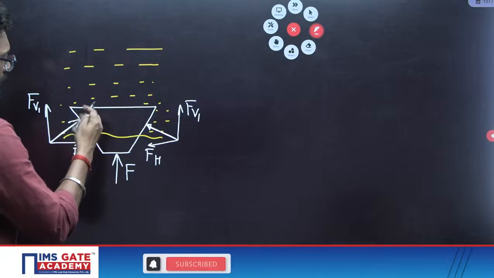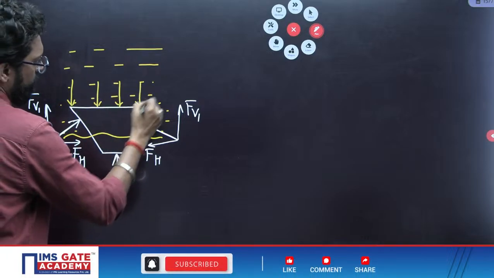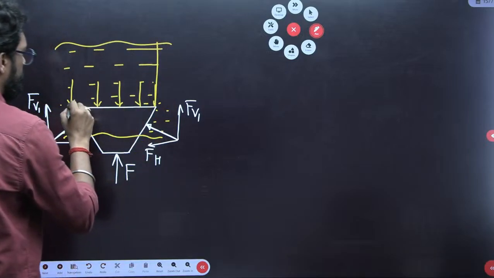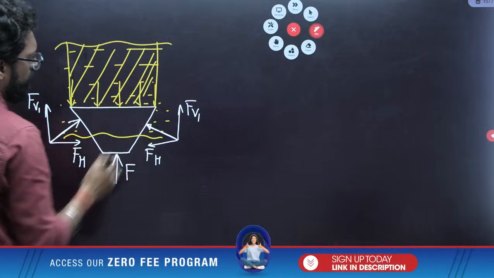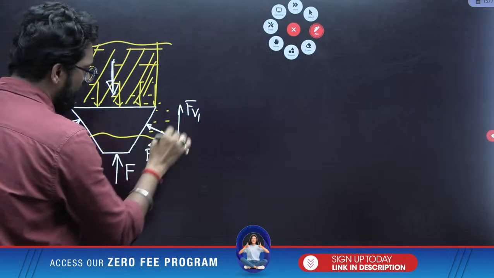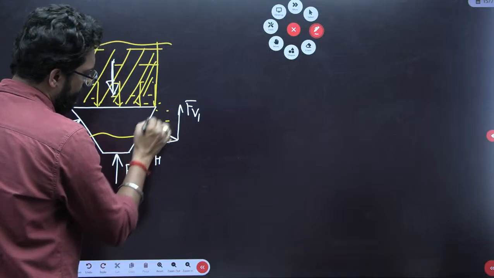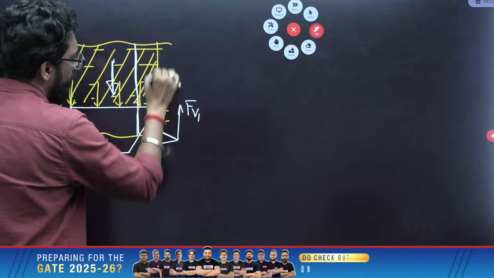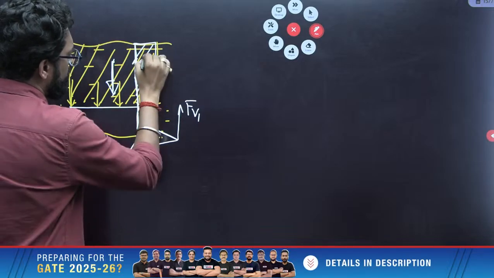Now there is a pressure over this surface. If you calculate the vertical force, take this as vertically upward. So this is the volume of this fluid, and this will act downward. If you calculate the volume up to the free surface projection, so this much, it will act upward.